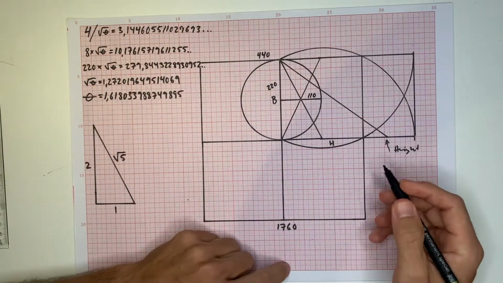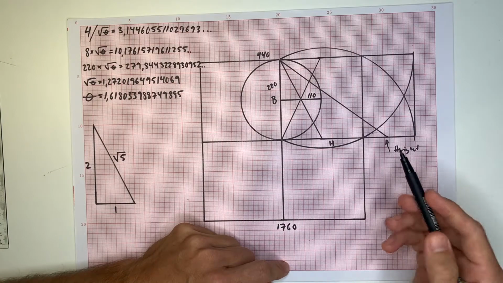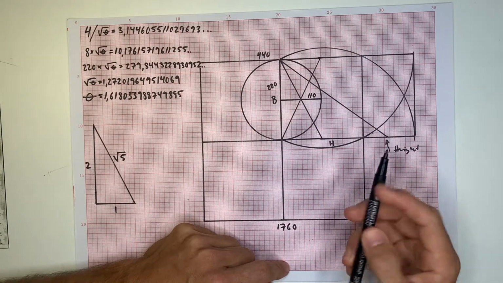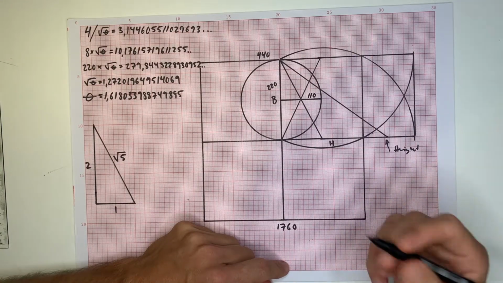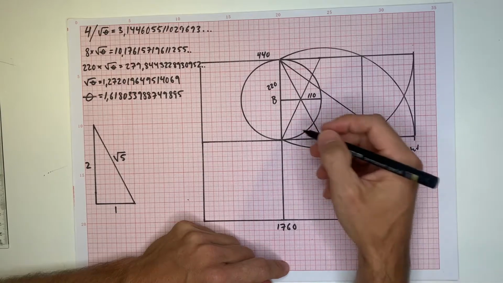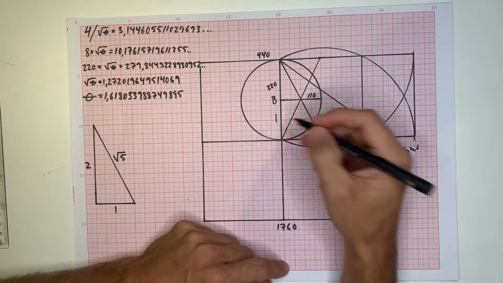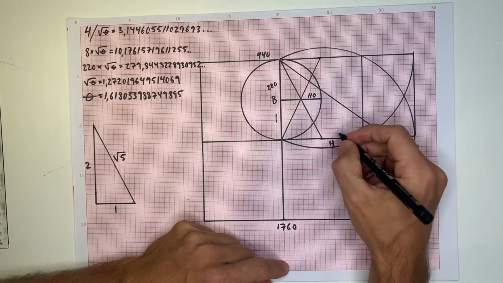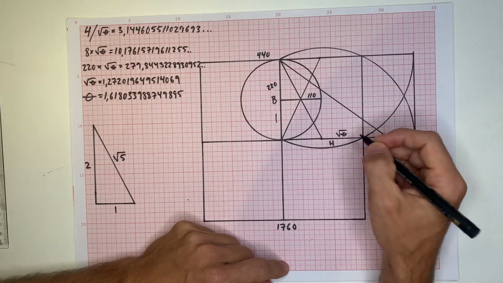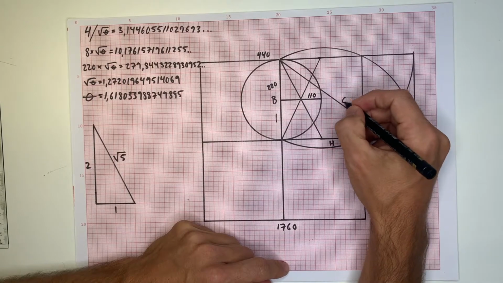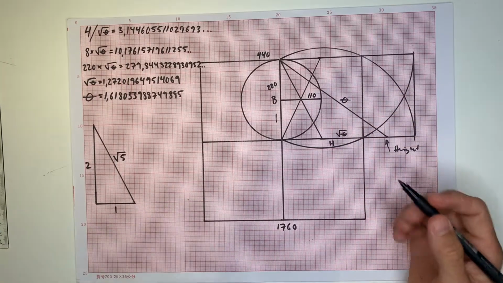Well, as I said before, to calculate the relationship in a Kepler triangle, the base is 1, the height is the square root of phi, and the hypotenuse is phi.